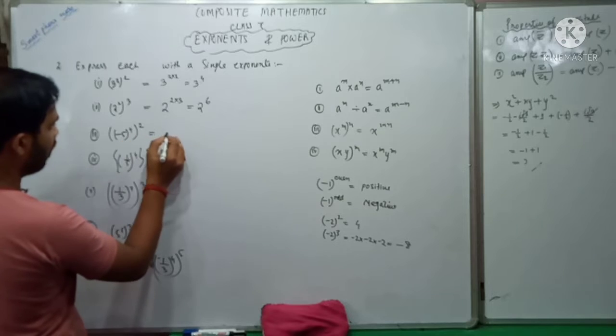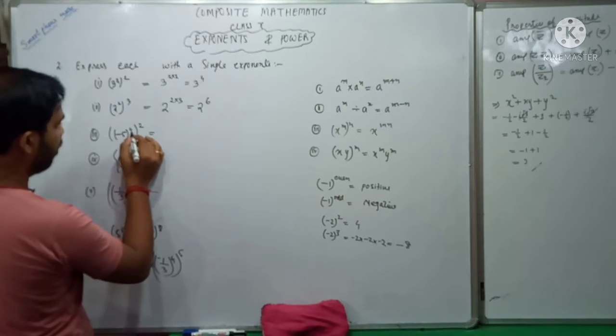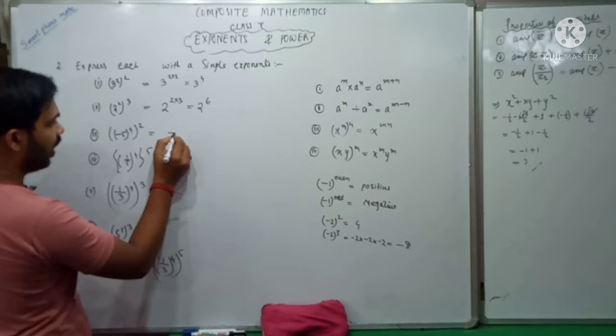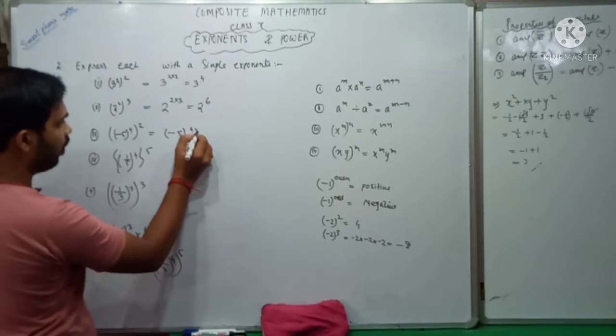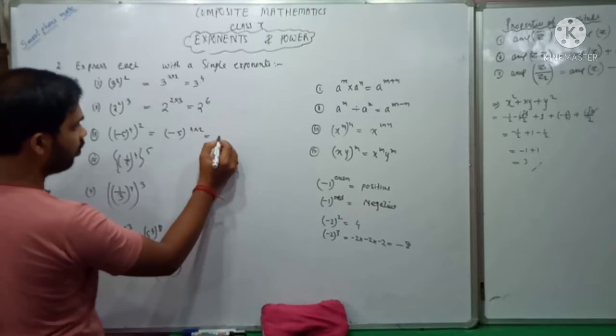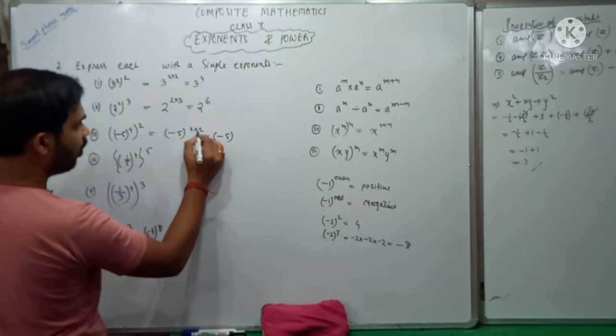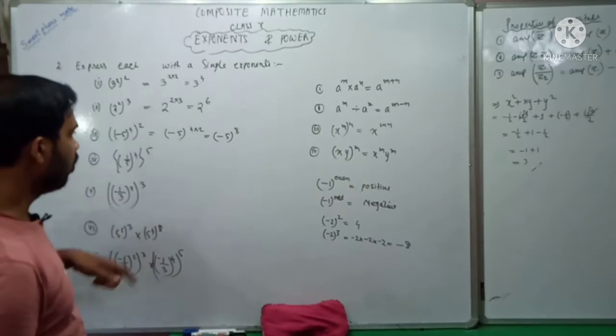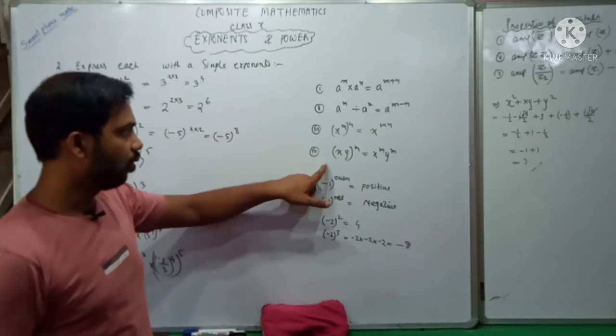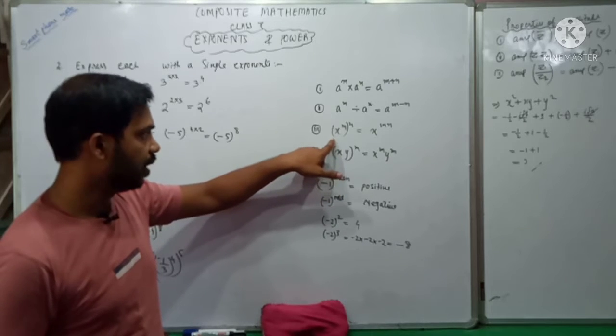Now you see here minus 5 power 4 whole power 2, so it will be minus 5 whole power 4 into 2, which is equal to minus 5 whole power 8. Which law are we using? We are using number 3 law.